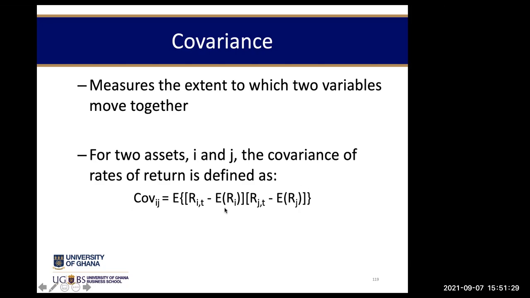So the covariance is similar to computing the variance, but because it's between two assets, it's the deviation of the first asset times the deviation of the second asset. Intuitively, it tells you how the two assets move together.